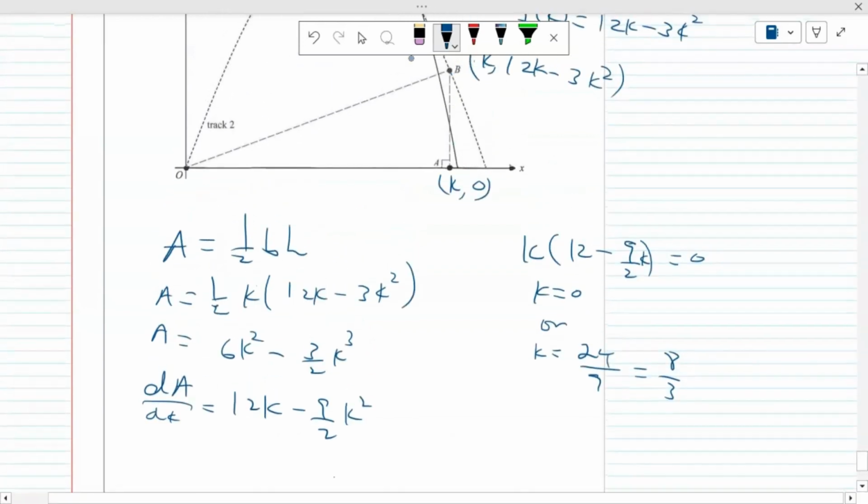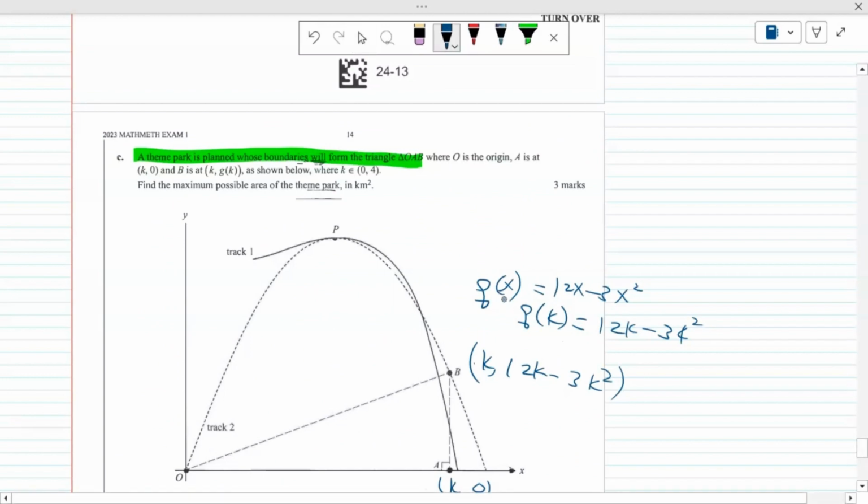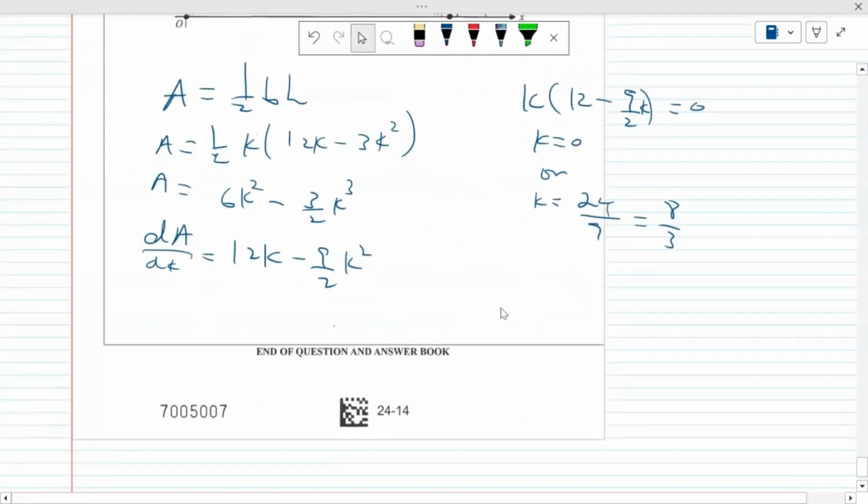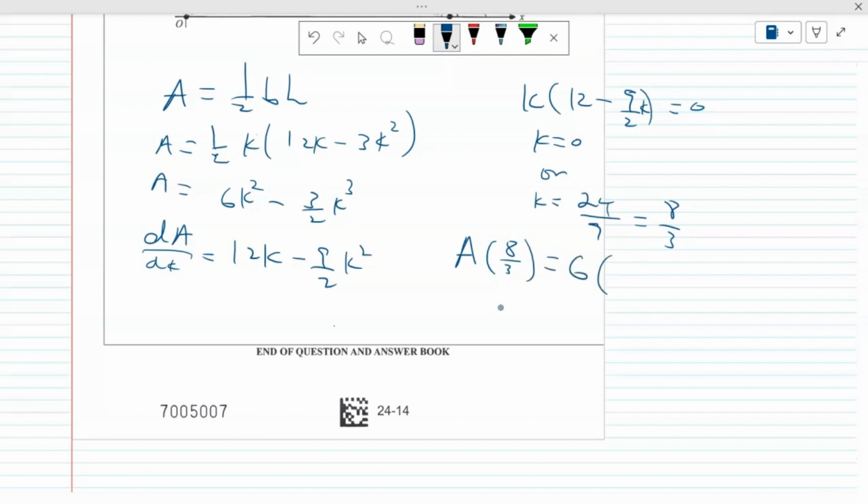The question is asking us to find the maximum area possible for the theme park. So now we know that the area is, if I substitute 8 over 3, 6 times bracket 8 over 3 squared minus 3 over 2 times 8 over 3 cubed. So that gives us 64 over 3 minus 3 over 2 times, what's that? 512 over 27.